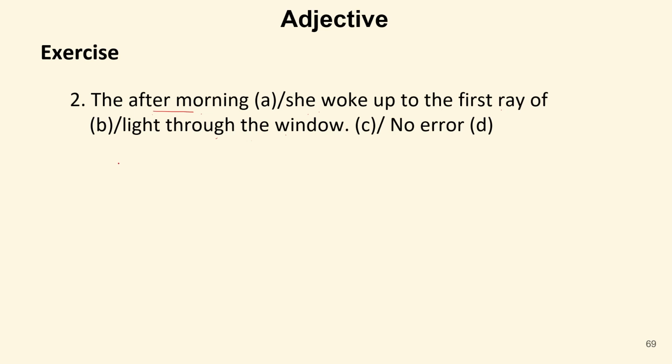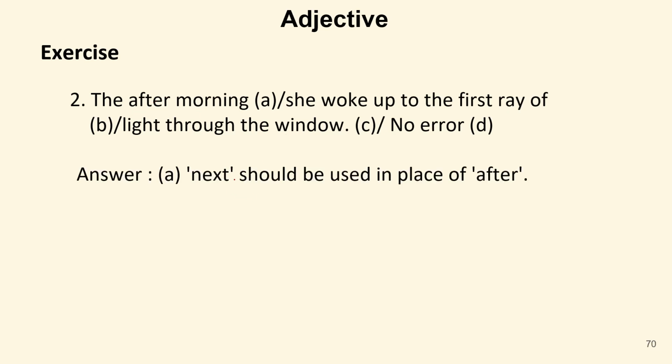It means the next morning. It is not after morning. The suitable word is next. So here the word next is suitable instead of after. So the correct answer is next should be used in place of after. So again, the part that contains the error is A. So our answer should be A.